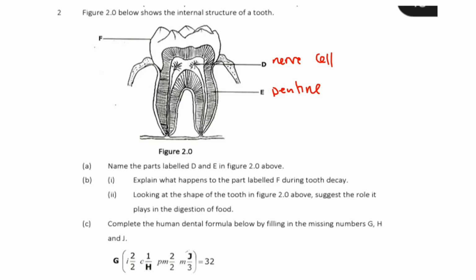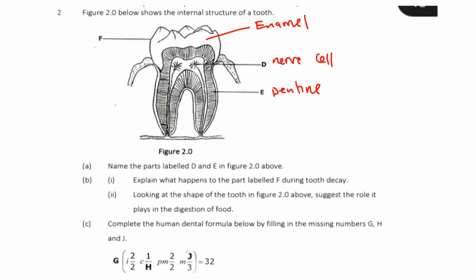Okay. Then explain what happened to the part F during tooth decay. So what happened to the part labeled F? The part labeled F is the enamel. So the question is, what happened to the enamel during tooth decay?